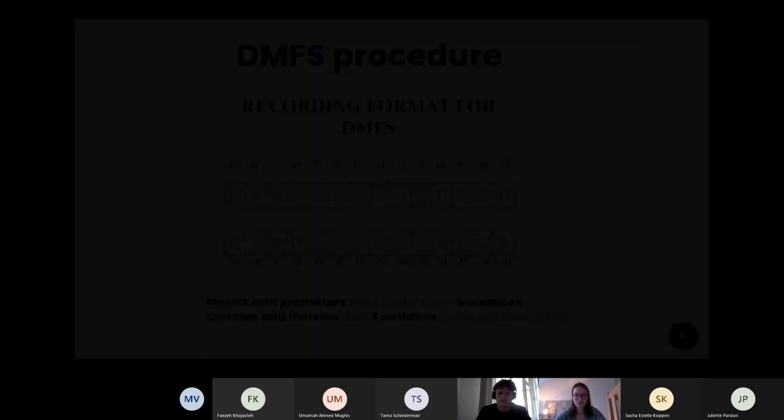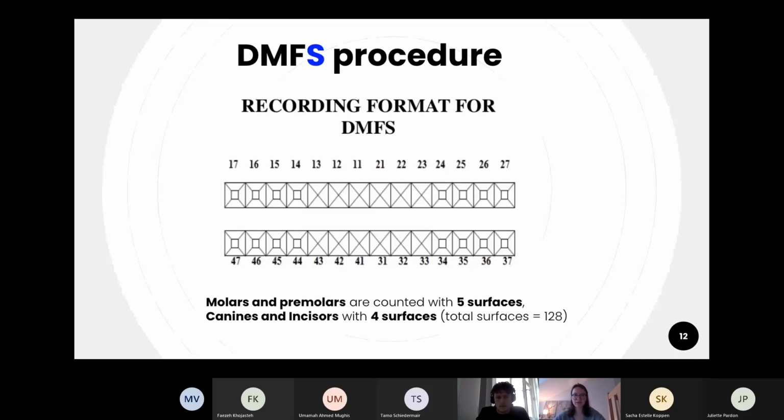And then when you want to do the DMFS procedure, you're going to write it into this chart, for example, to see where exactly on which surface the decayed, missing, or filled tooth is. So you can see that the molars and the premolars are always having 5 surfaces, and the canines and incisors are only counted with 4 surfaces because the occlusal surface is kind of small.